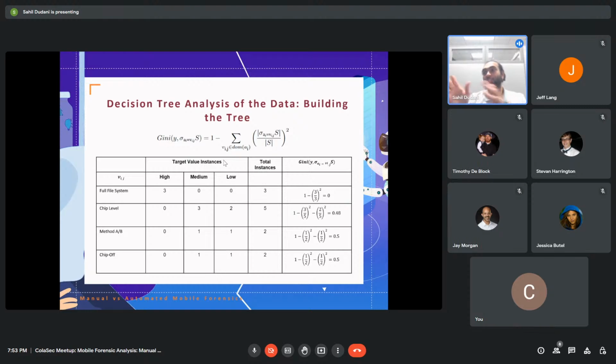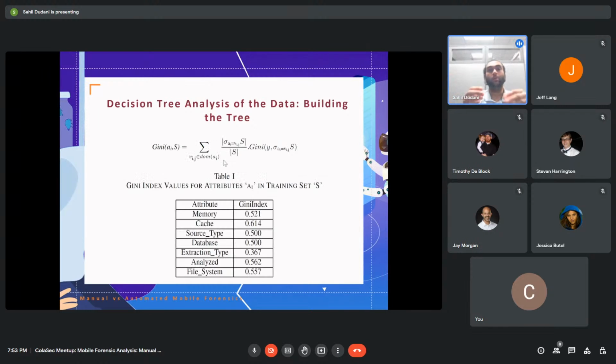And we just keep it for reference in the future, to make sure that those samples are separated out well. This right now is showing how much impurity exists within extraction type, and then the next step would be to calculate this impurity for each of the attributes. And once you do that, you need to choose the one with the lowest Gini impurity.